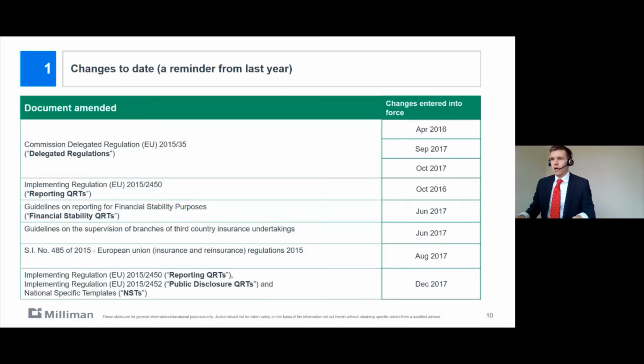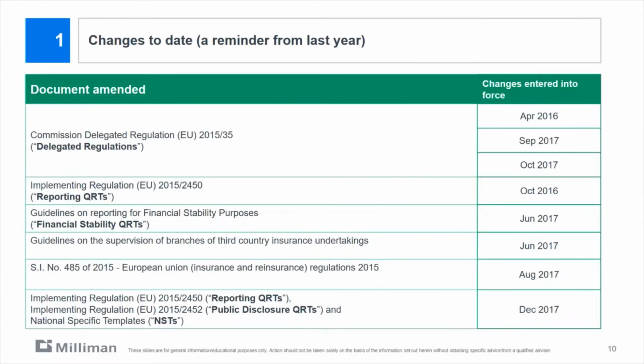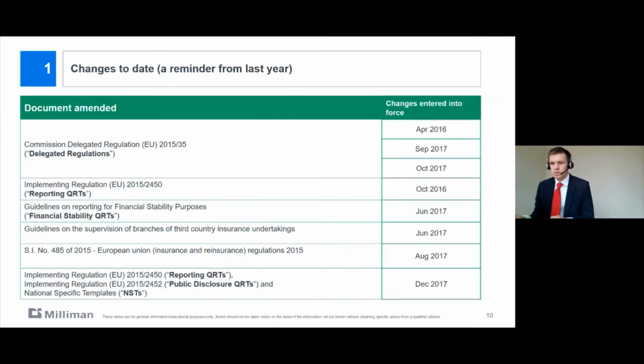So I listed a few of them here, and to give you a brief run down memory lane, back in 2016, 2017, there were some changes to delegated regulations, and the implementing regulations for reporting QRTs came into place, and then financial stability QRTs. Then you had the Irish Transpositional Directive, and all of those other reporting and QRTs and public disclosure items at the end of 2017.